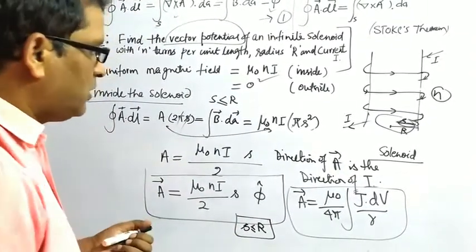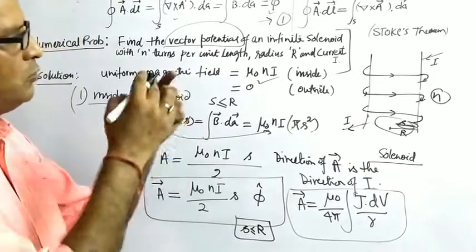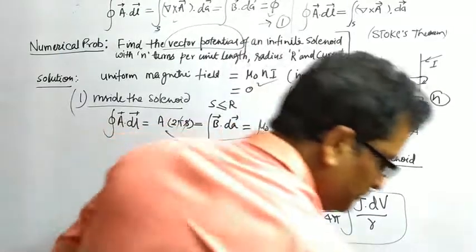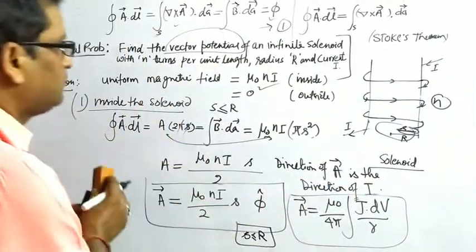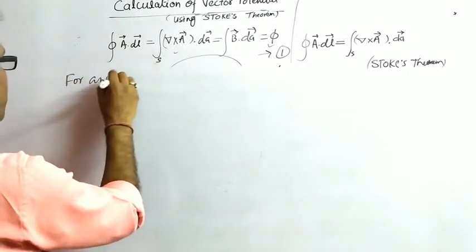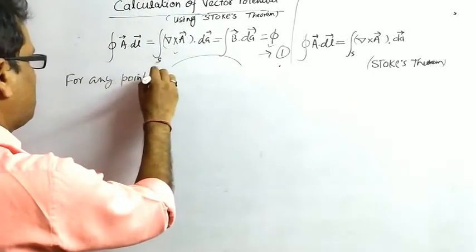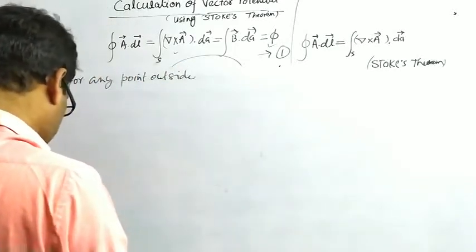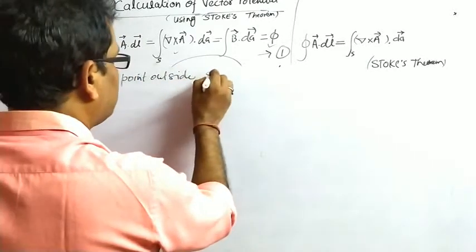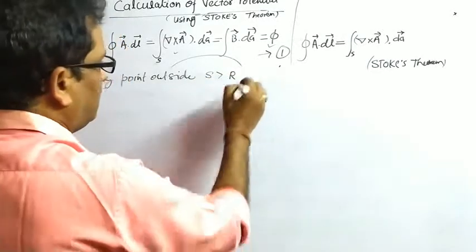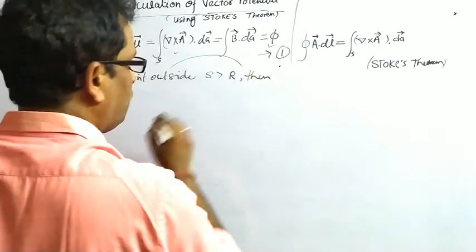For any point outside the solenoid, if it is greater than r, then what will be the flux?